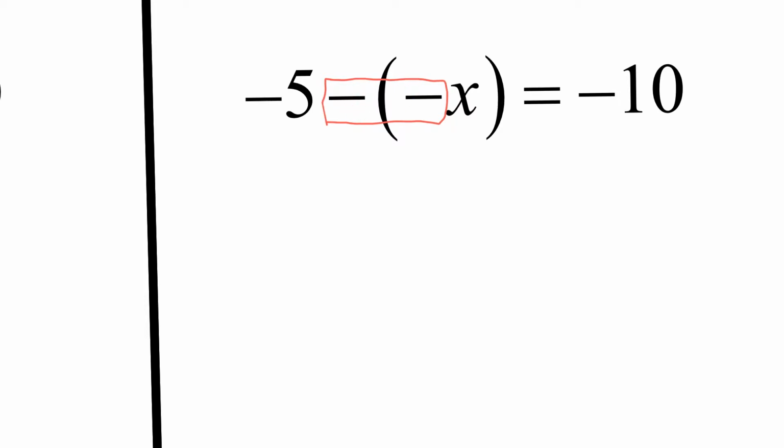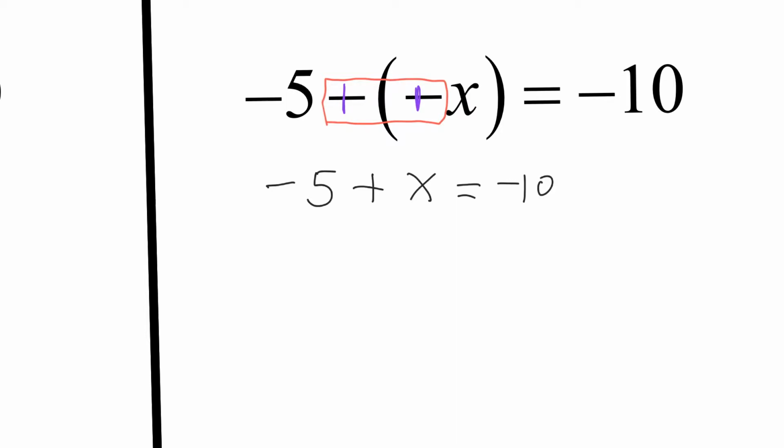You have to multiply negative times negative, so that's going to become positive. Let me put the plus again here. So you bring down the negative 5, you make that a plus x, no more parentheses because you already changed that negative and a negative to a positive, equals negative 10.